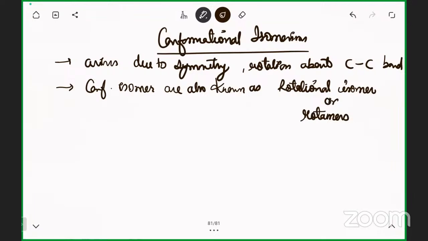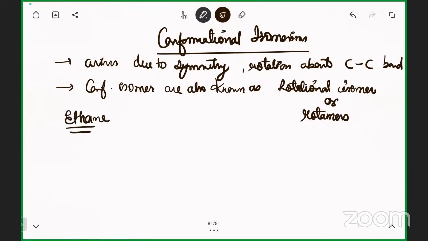Getting my point or not? What are rotamers? What is rotational? Conformational. Getting my point or not? Yes, sir. Okay. So first we are taking the example of ethane.